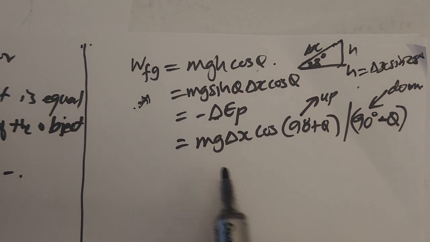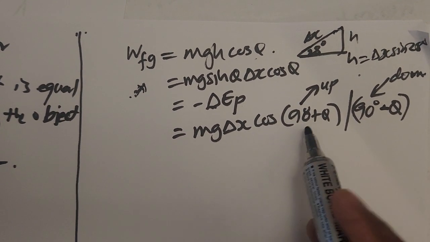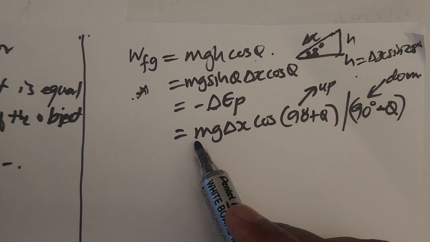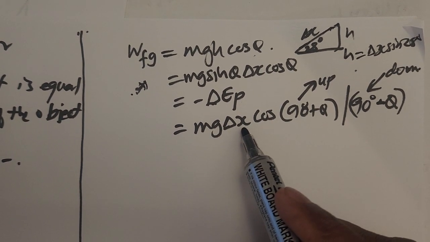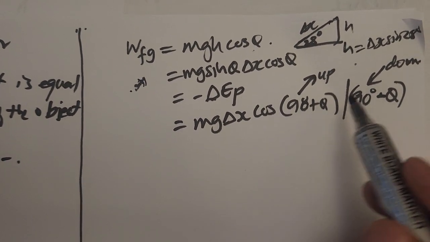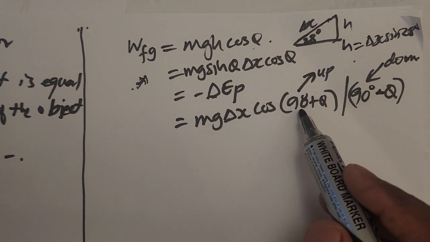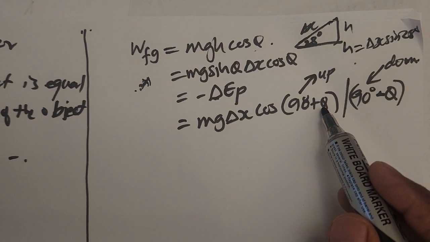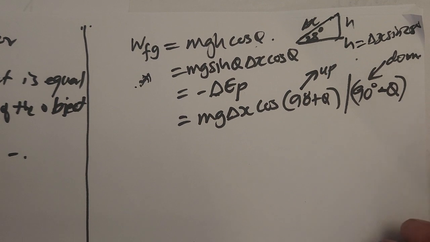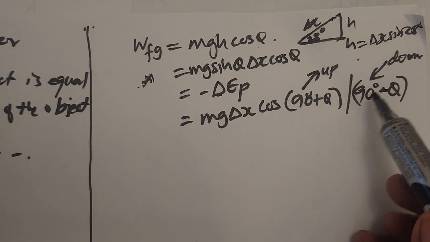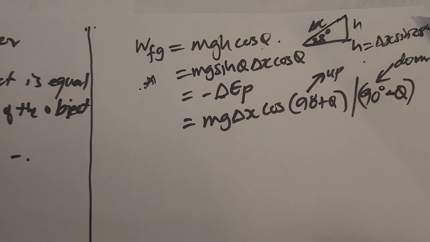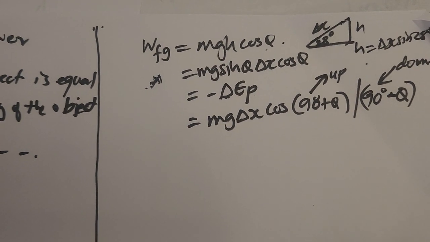In this case, just to explain a bit, you will have mg delta x cos, because this object is going up the incline, then we'll have 90 plus 28, so you will get that 118. So if it was going down, it will be 90 minus 28. That's when you are using the last one.